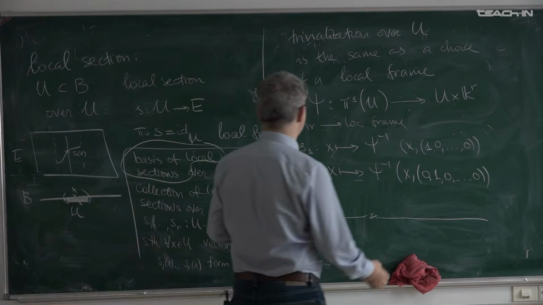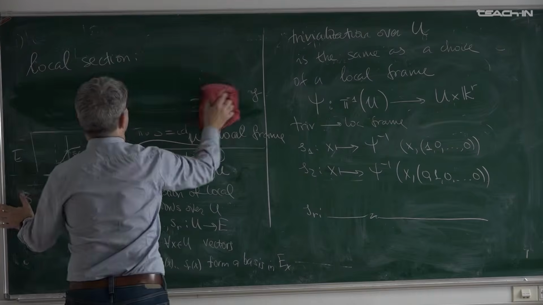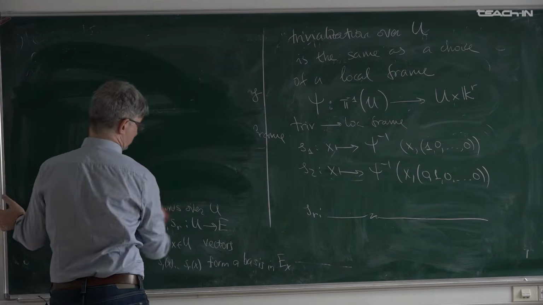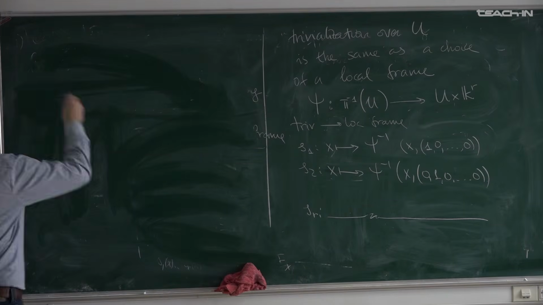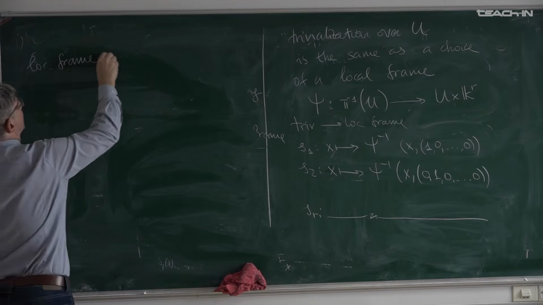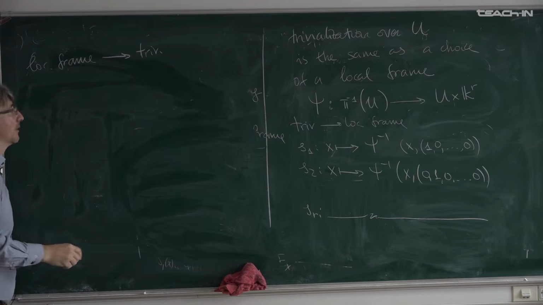Okay, if I have a local frame, how to construct trivialization? How to do it?